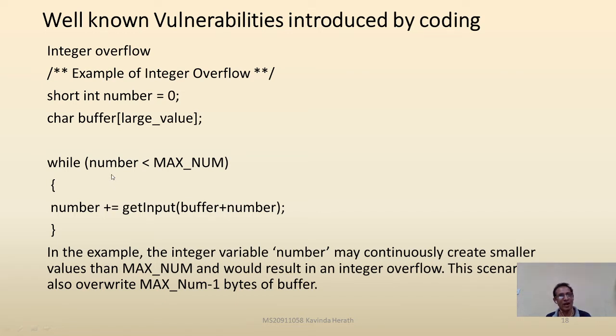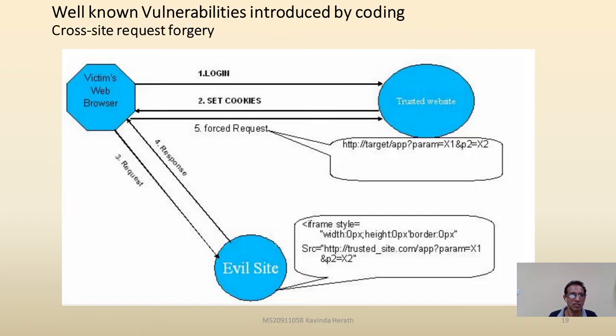So that is why, if there is already some sort of vulnerability introduced, then from your point of view there are best practices later on. Here again are very common and well-known vulnerabilities introduced by coding: cross-site request forgery, with an evil site.